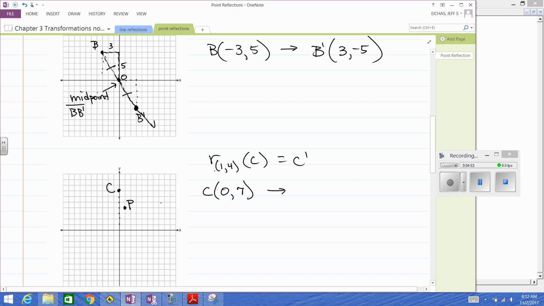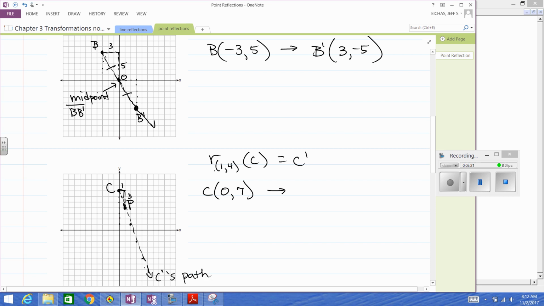Now, here's how we do this. Remember, the path that C is going to travel is straight through P. So it's a slope of over 1, down 3. You could do that again and keep doing that. So this is the path that C has to travel through to get to C prime. Now how far away?